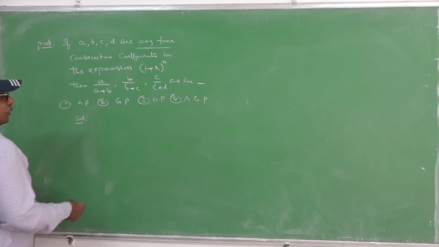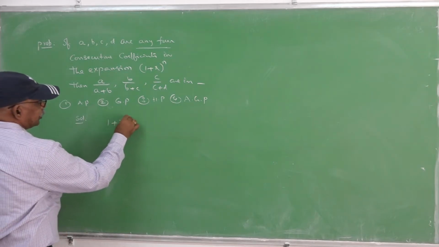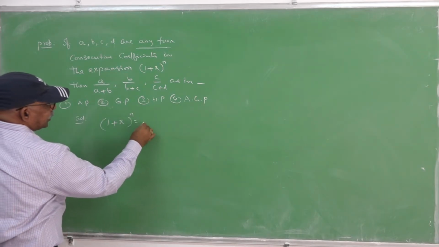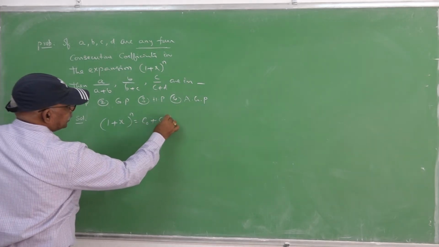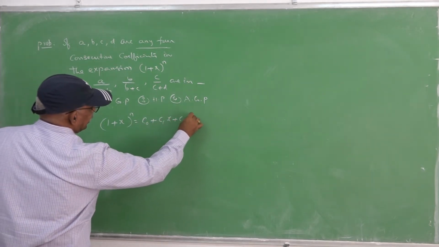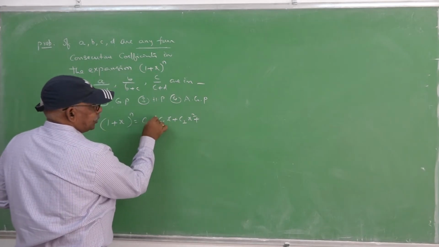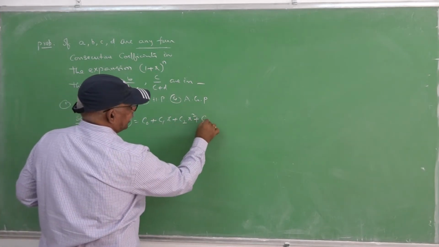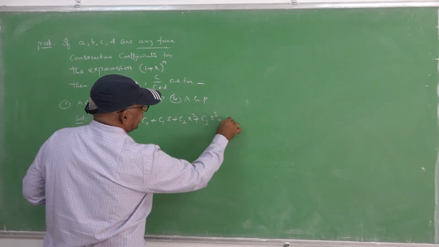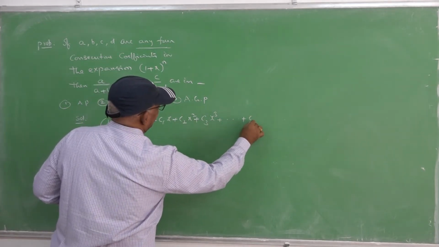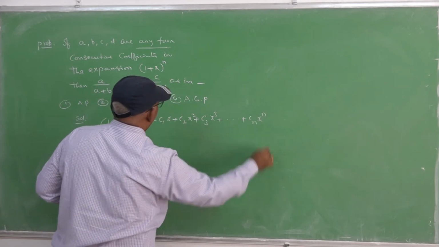coefficients. So we know that the (1 plus x) whole power n expansion is c naught plus c1 x plus c2 x square, like that. C naught in the sense nc0, nc1, nc2, like that, c3 x cube and so on, cn x power n.